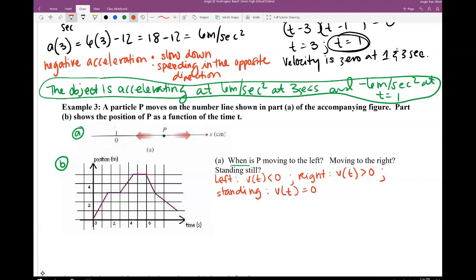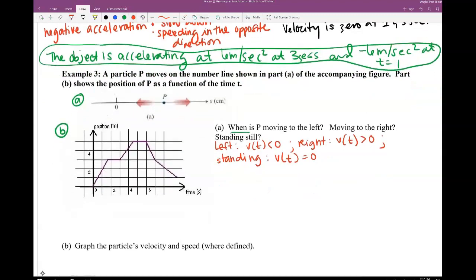So let's look at our position, because if I take the derivative of it, then I would have all of the answers. So the derivative of position, so this is s of t because it says position. Okay, so let's look at the derivative. It looks like the issues are, we have some funky looking thing right there, and right there, and right there, and right there, and right there. Would you agree? So all of those spots are pretty much weird things that we have to look out for.